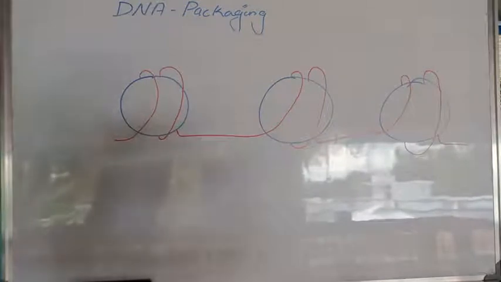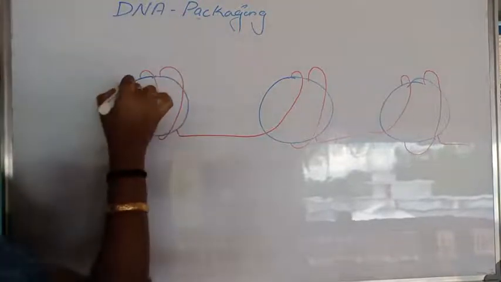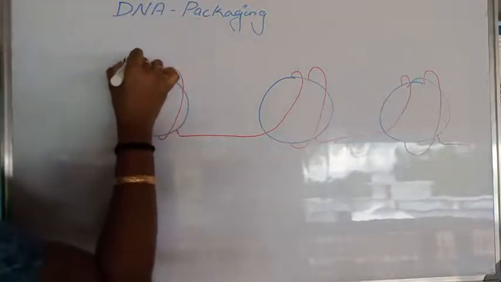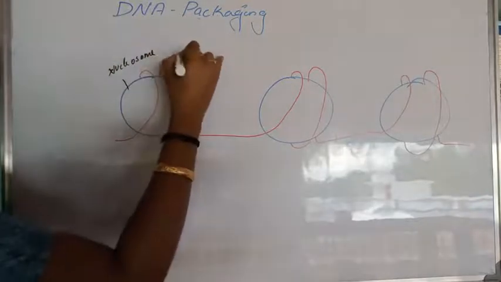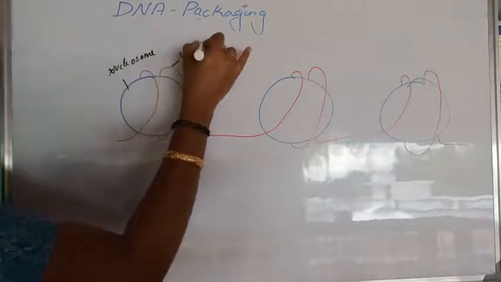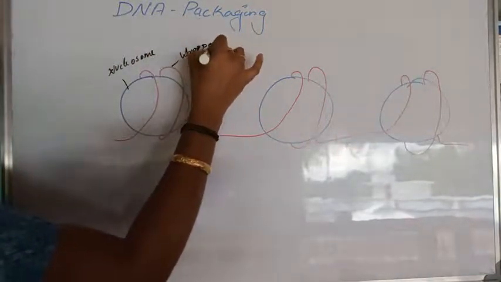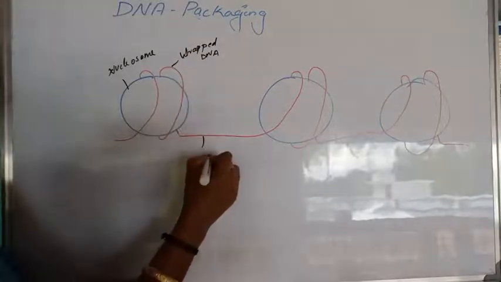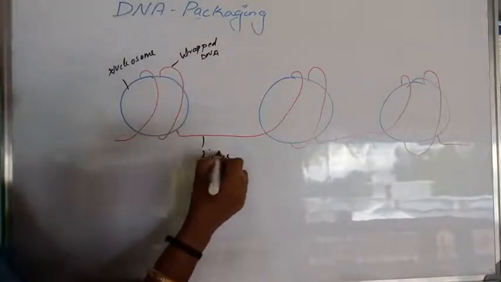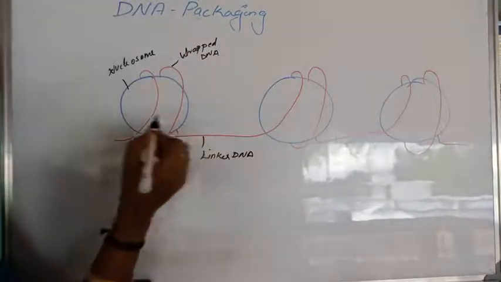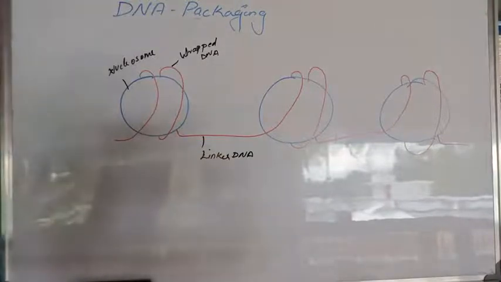This will be somewhat the beaded string, and this is the nucleosome with wrapped DNA, and the linker DNA, which connects the nucleosomes. So this is the beaded on string structure.